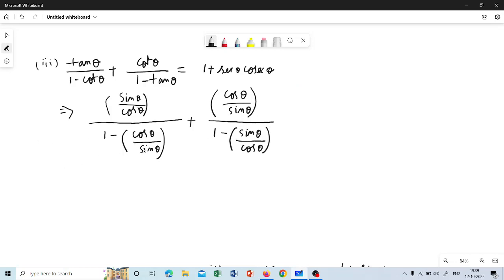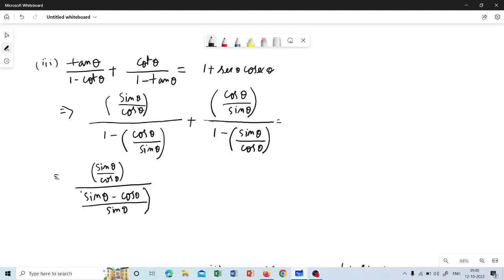So now how to solve it? I'll try to take the LCM in the denominator. We'll take the LCM in the denominator. So let's see what happens. If I take LCM, then 1 into sin theta will be, let it be sin theta by cos theta divided by sin theta minus cos theta by sin theta.